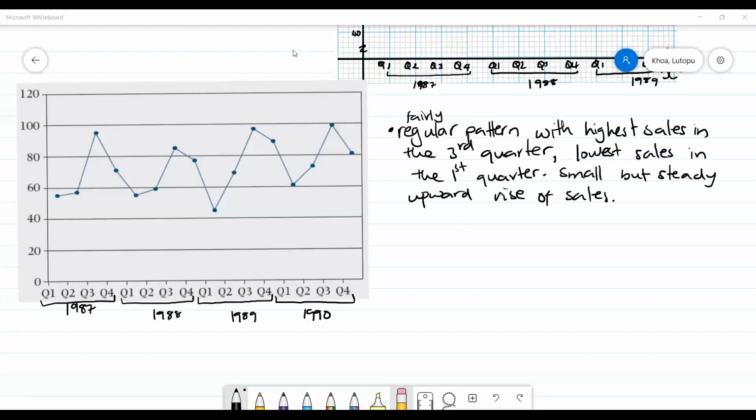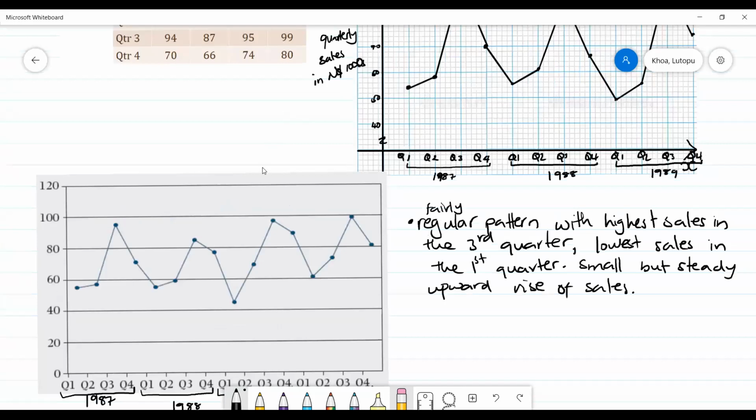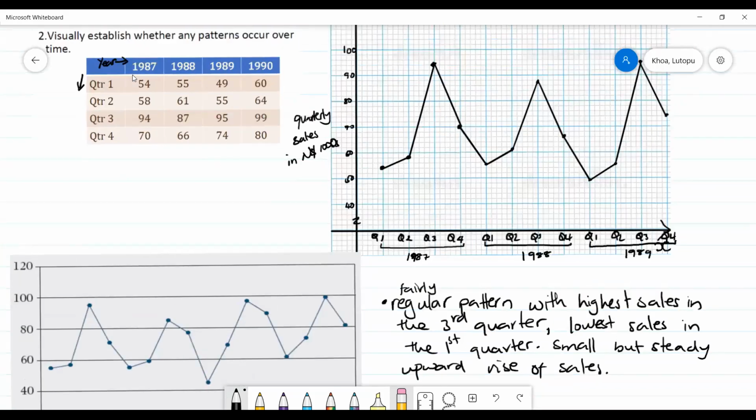Okay, so now what we want to do with this data is to work out what we call the moving average. Now, the moving average is slightly different from the average itself in that the average takes every single point into account, and then you add them together and divide by the number that you have.